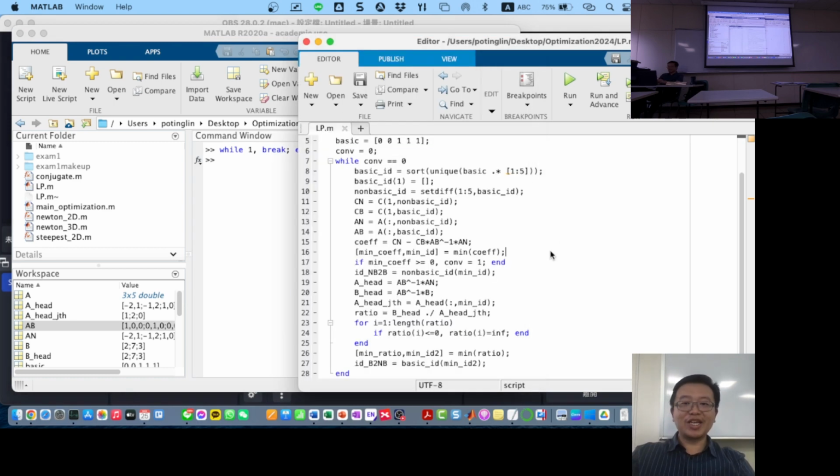Break ends the while loop. So we can just say while 1. While 1 means repeat this. While true, do this. So only the break breaks the whole loop.